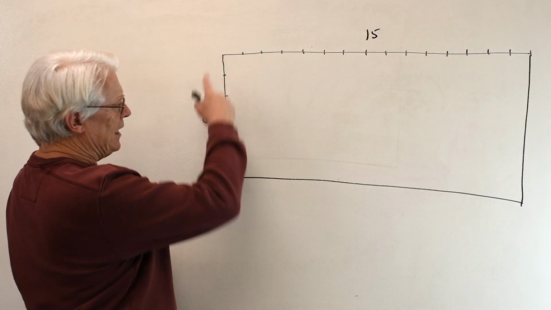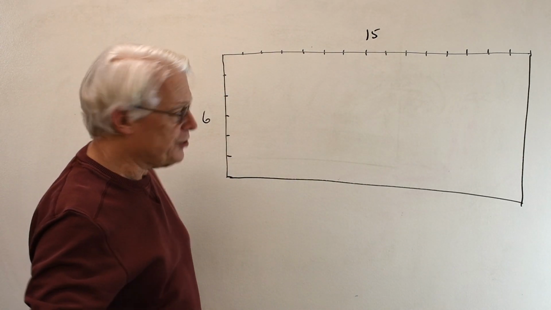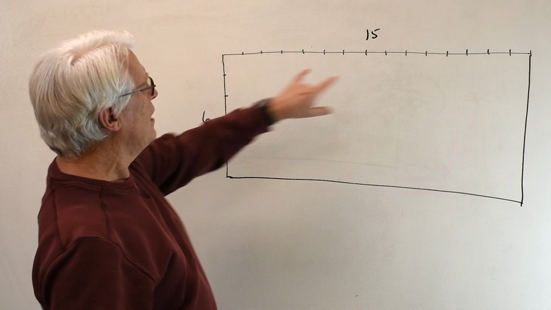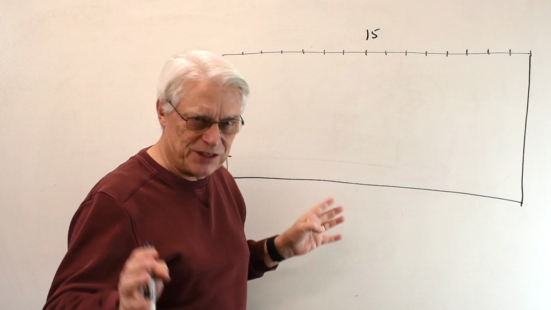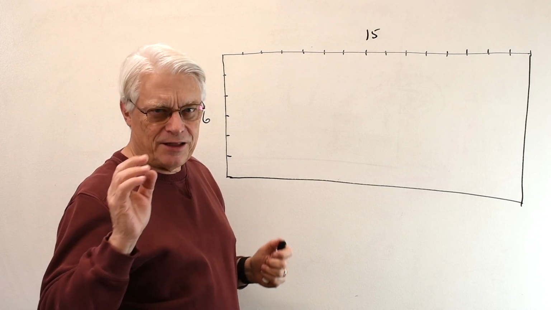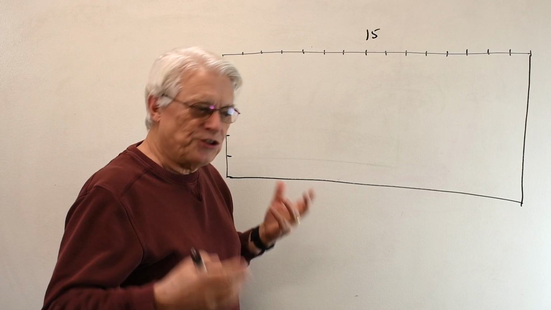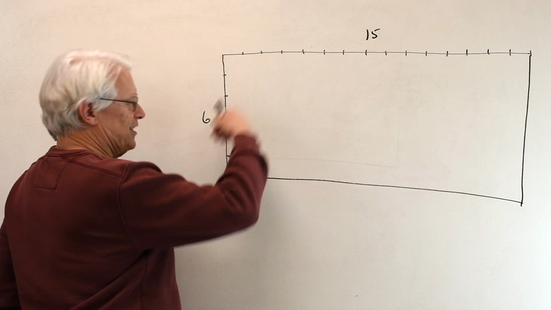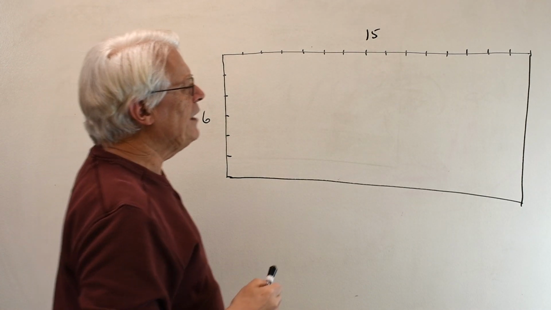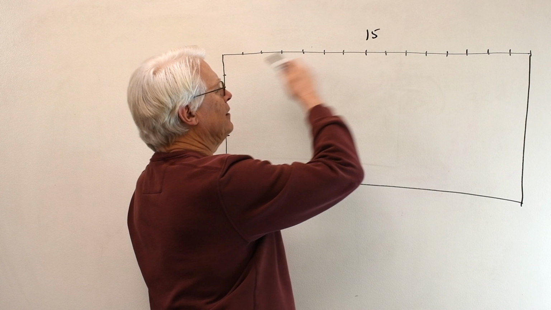Imagine a rectangle, and the rectangle has sides which are the two integers. This is going to be a side of 6, that's a side of 15. The length of the sides are the two integers that we want to find the greatest common denominator of. Now, Euclid supposed that the greatest common denominator of 6 and 15 would be the side of a square that completely tiles this rectangle.